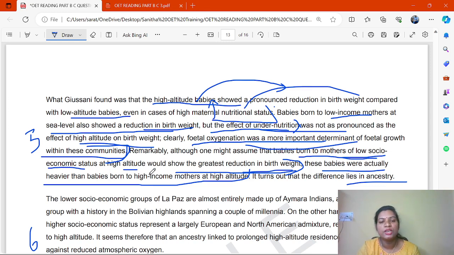Lower income mothers are living at high altitude, and higher income mothers are also living at high altitude. Both babies will be low birth weight. Compared to these two, low income mothers' babies are slightly heavier than the high income mothers' babies. That is, their weight is slightly higher.